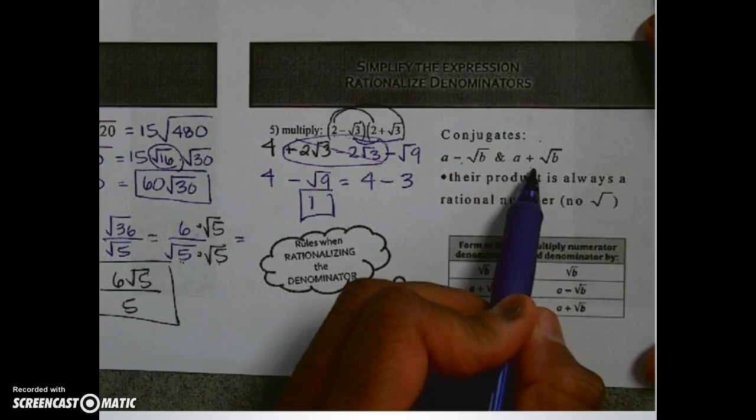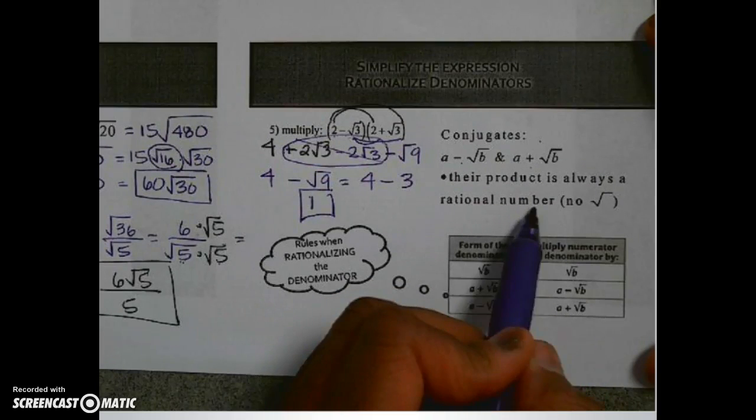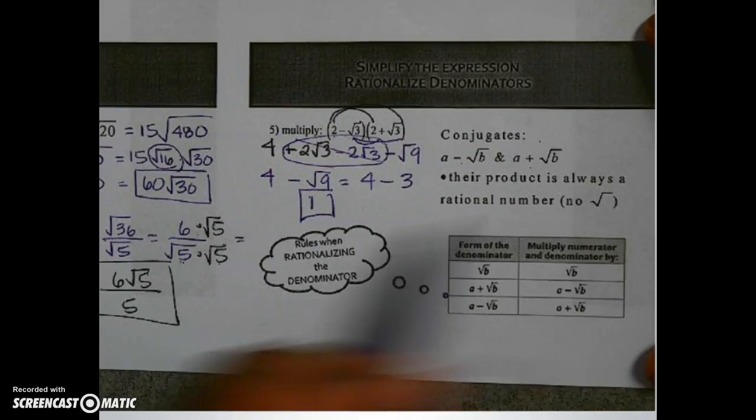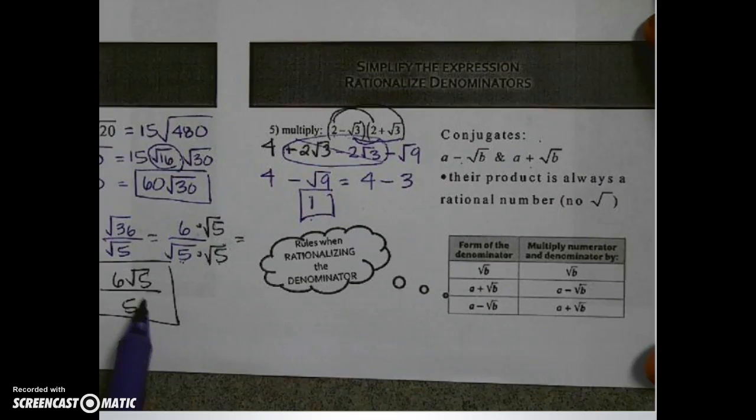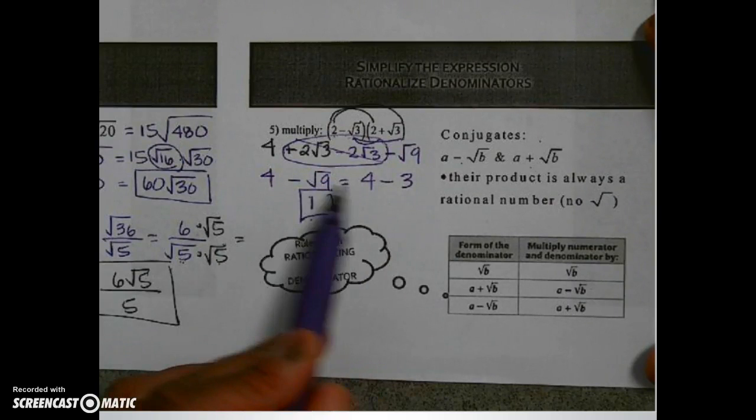These are conjugates because their product is always a rational number without any radicals. Just like here and just like you saw here. These would be conjugates of each other because when I multiply them, I have no radical left.